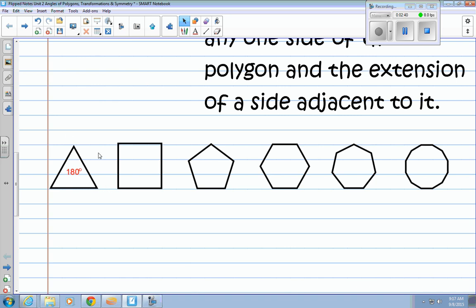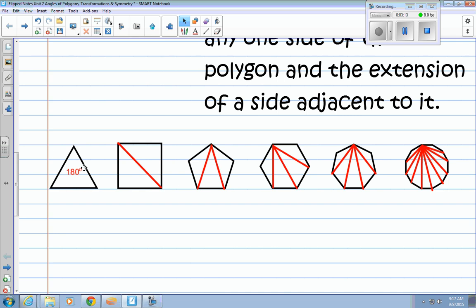So if I take any other polygon and I split it into triangles, then in a quadrilateral I create 2, in a pentagon I create 3 triangles, in a hexagon I create 4, in a heptagon I create 5, and in a whatever this is, a 1, 2, 3, 4, 5, 6, 7, 8, 9, 10, this is a dodecagon, I create 10. So we always create 2 fewer triangles than we have sides.